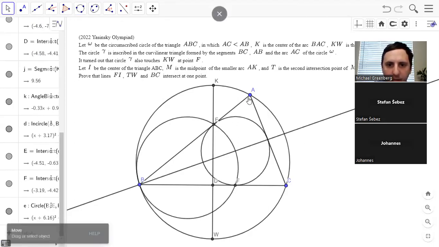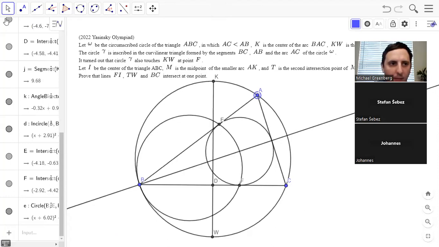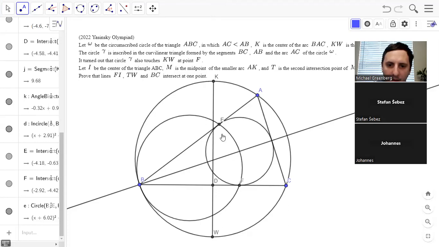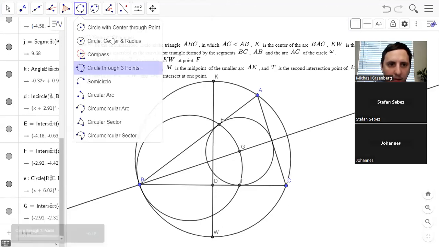So E doesn't necessarily lie on KW. We then have this point. And I think it's like the circle.